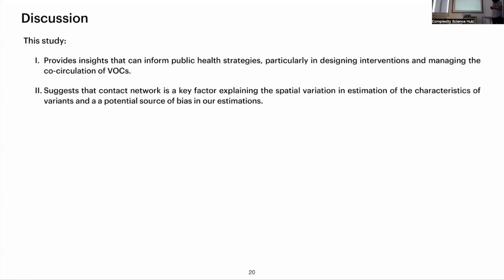This means that it could potentially be a source of bias in our estimation. I mean that if we estimate, let's say, the increased reproductive number of a variant in the UK, we should be aware that we cannot generalize that elsewhere, because we know that there is spatial diversity.